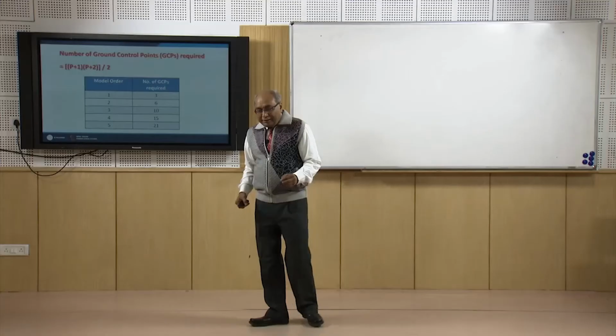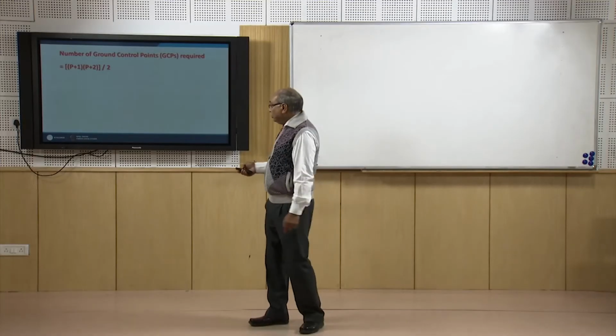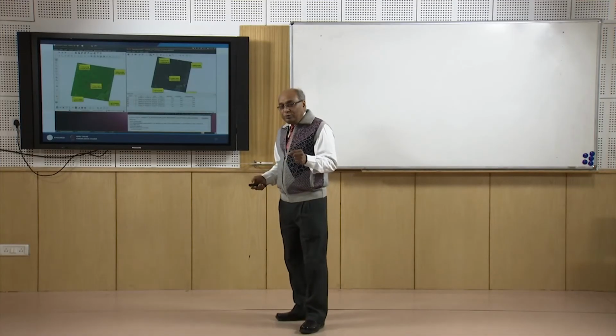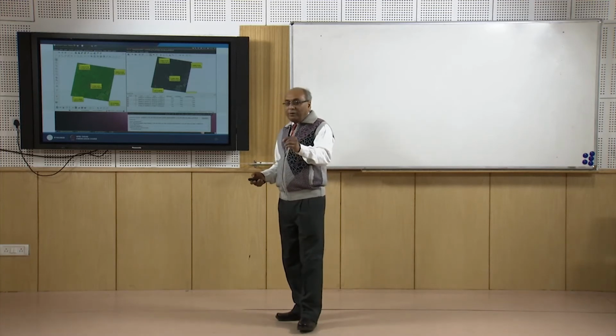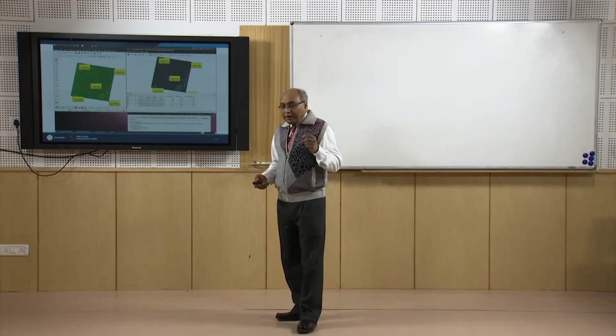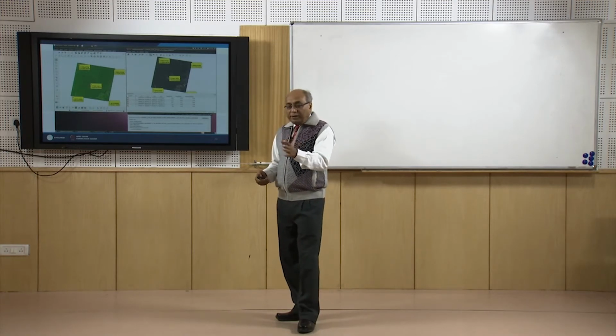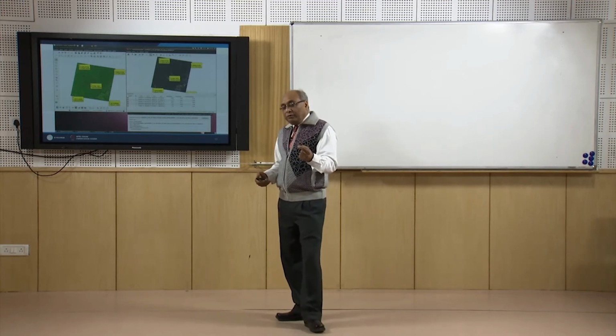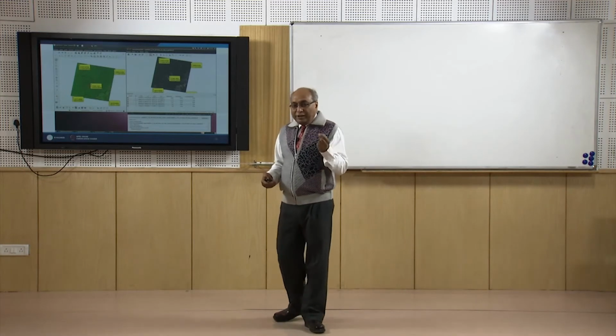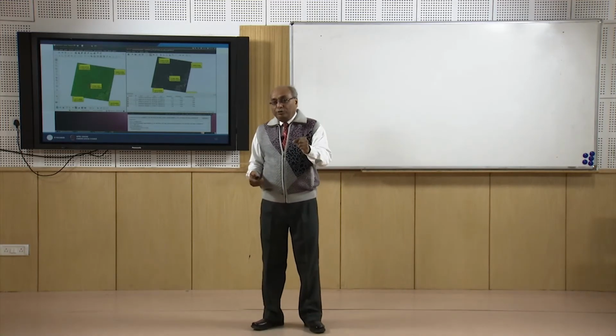That does not mean that if I am using the first order, I will only collect 3 ground control points. No, that is the minimum requirement. In practice, we go by multiplying by 2. So if I am going for first order polynomial, instead of 3 ground control points, I will choose 6.